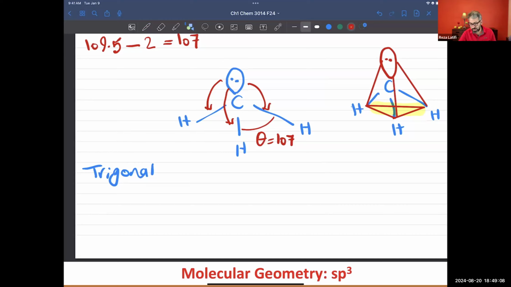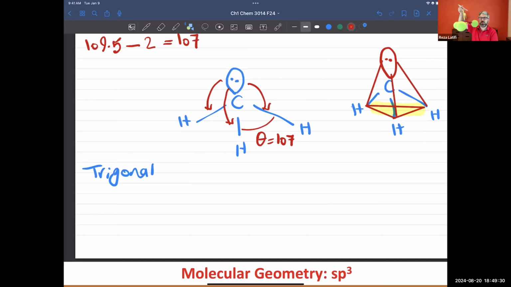Next, we're going to attach the lone pair to the hydrogen atoms. And that's going to give us a pyramid. So if I touch this one that way, I get a pyramid. So if you attach the 3 atoms to each other, you will have a plane. I'm going to call it trigonal. And then when I attach them to this, the top one is missing.